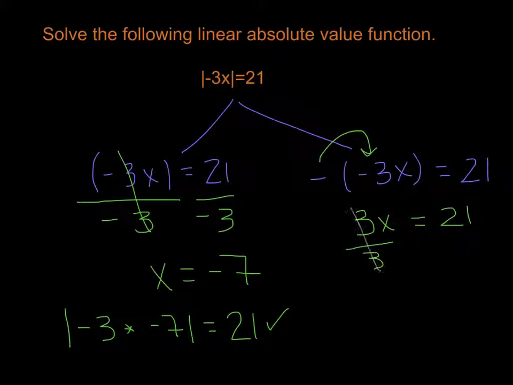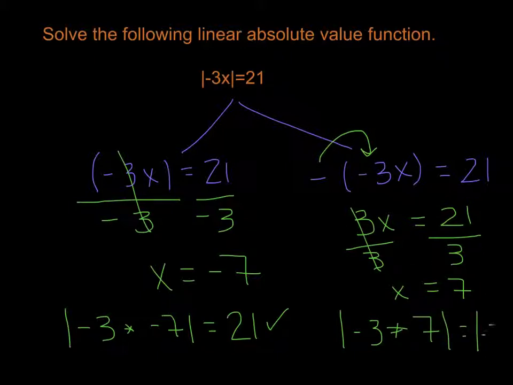Divide by the coefficient, and x equals 7. So if we check that, negative 3 times 7, you get negative 21, and the absolute value of negative 21 is positive 21. So that checks out.